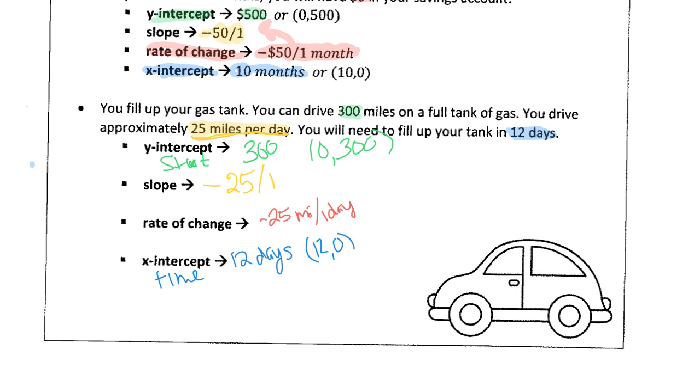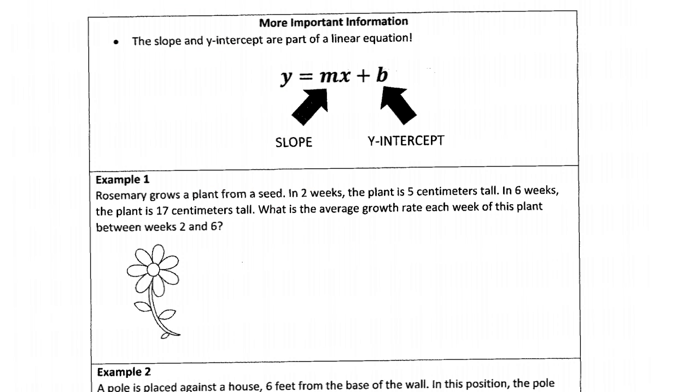So now, why is any of this relevant? Why are we doing this? Let's go to the next page. This is relevant because now we're going to plug it into this equation, and this equation is called slope-intercept form, because in the equation, it has our slope and our y-intercept.